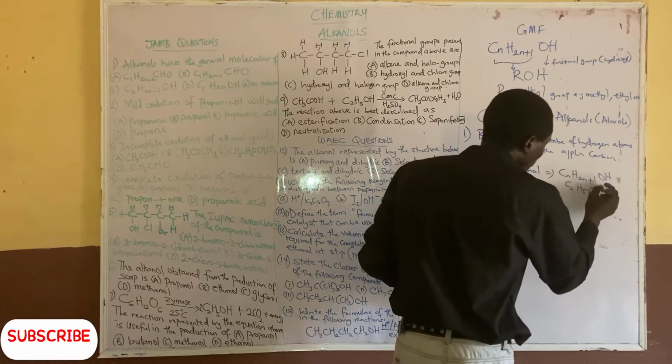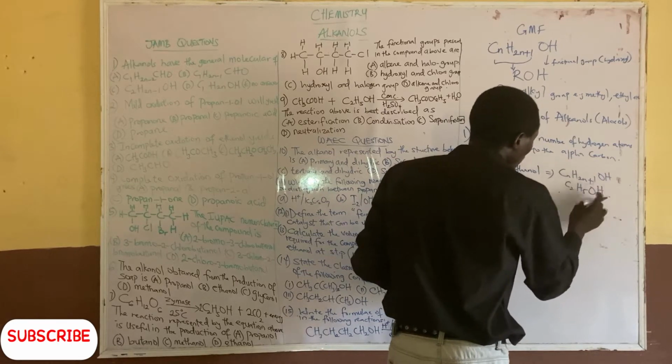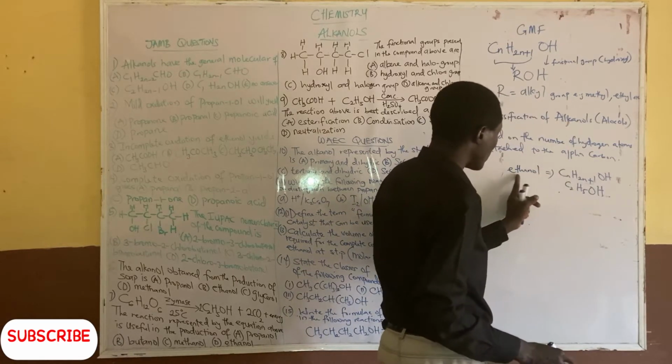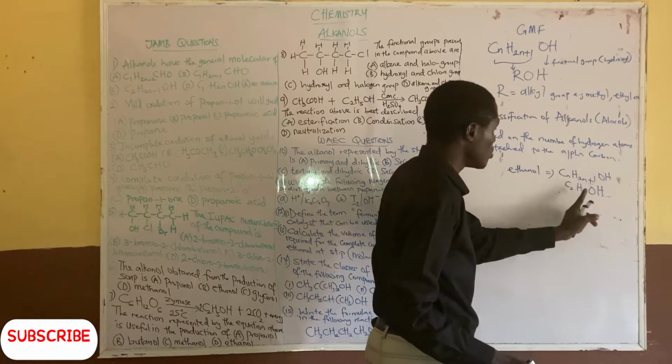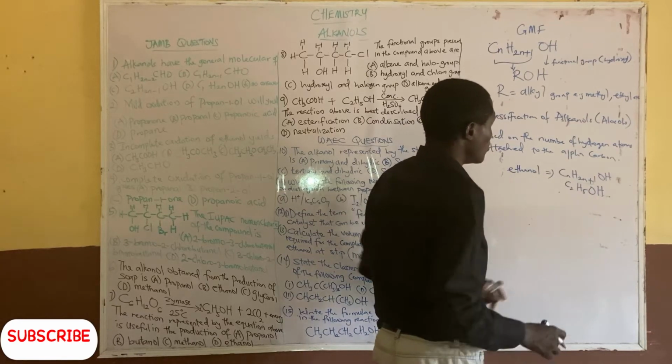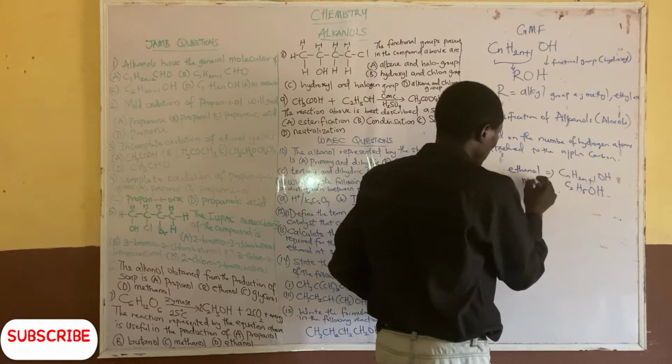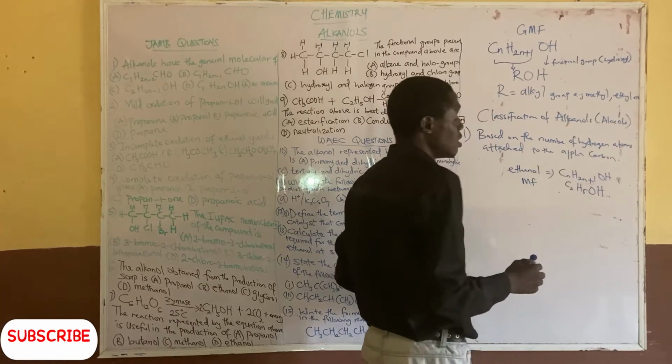So that's how we get C2H5OH. The molecular formula of ethanol is C2H5OH.